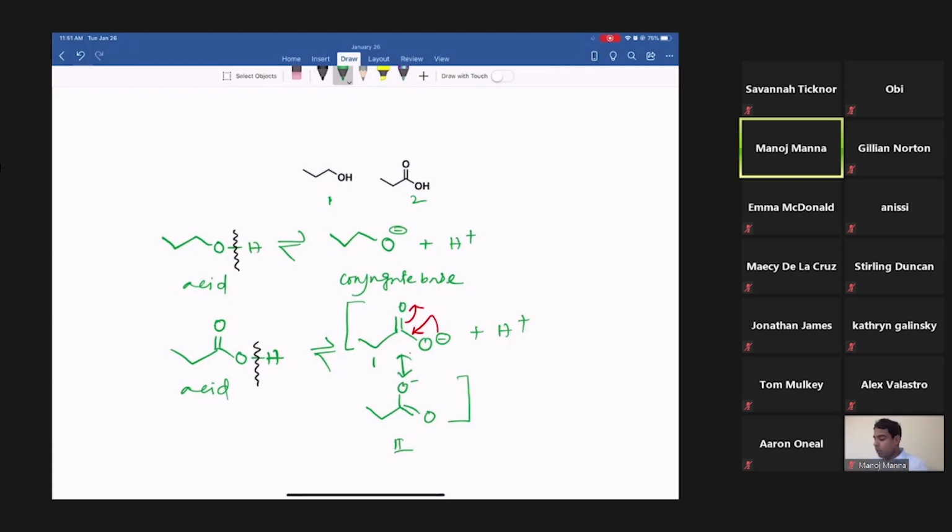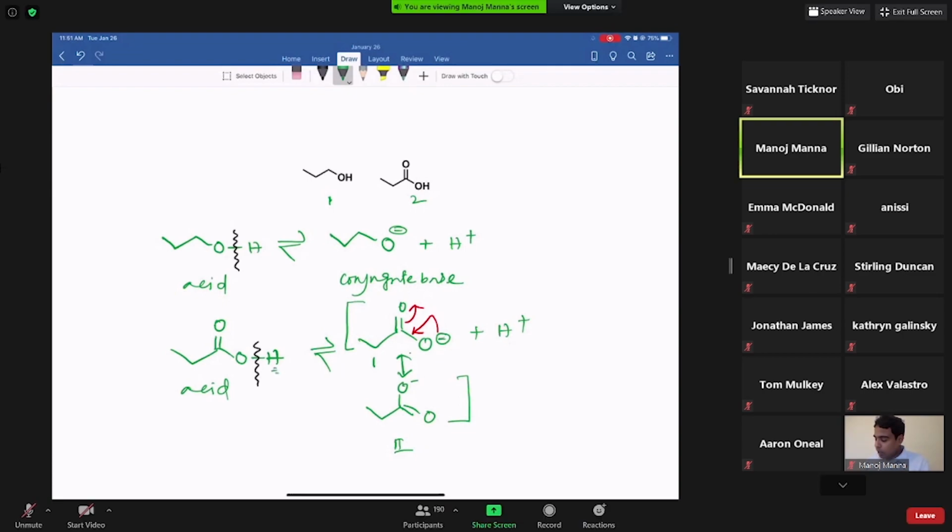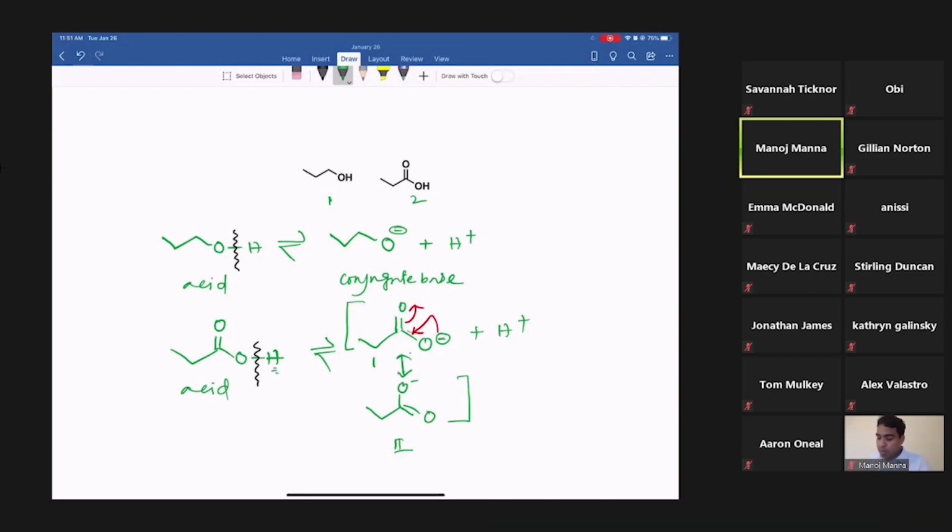Why? Because once you lose H plus from here, the negative charge can participate in the conjugation, I mean it can be balanced within the molecule. If we have a negative charge over here, because of C double bond O, it can easily stay over here. So that's the effect of resonance. But in this particular conjugate base, there is no conjugation.